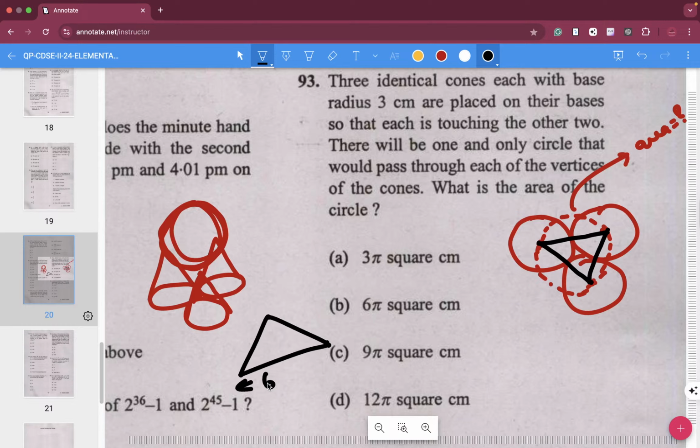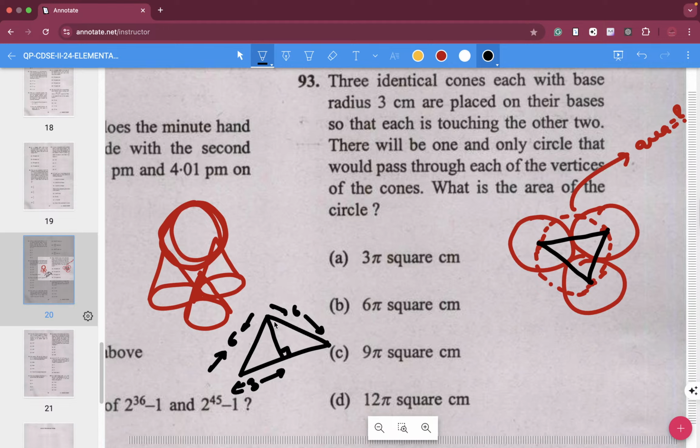This is 6, this is also 6, and this is also 6. And this is 3, right?